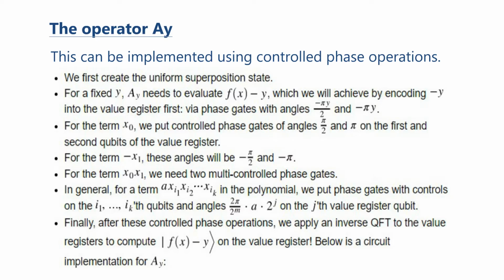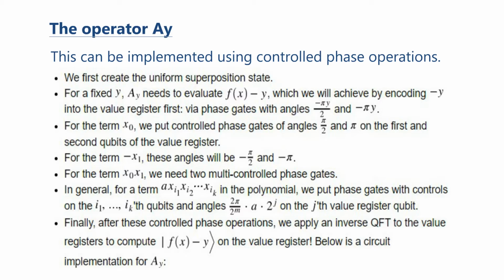For the term x0 x1, we need 2 multi-controlled phase gates. In general, for a term a x_i1 x_i2 ... x_ik in the polynomial, we put phase gates with controls on the i1 through ik-th qubits and angles 2π/2^(m−j) on the j-th value register qubit.